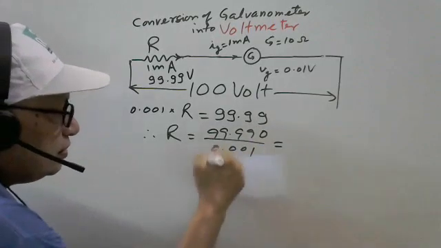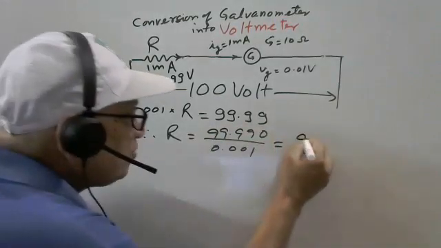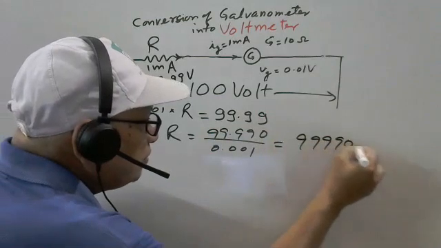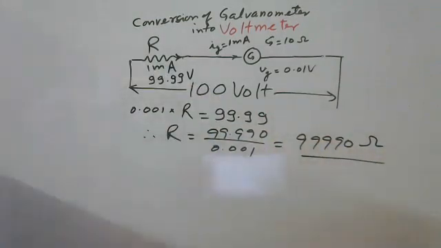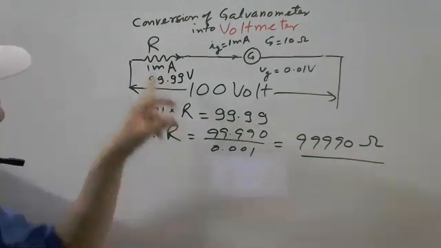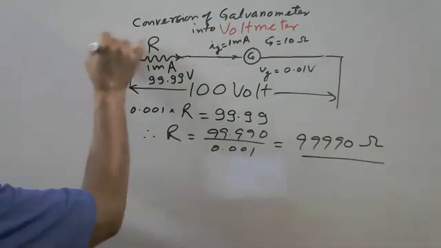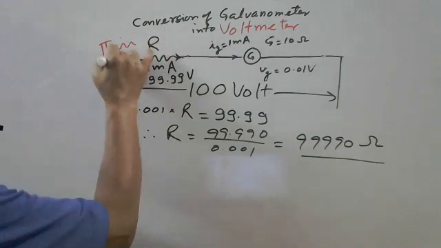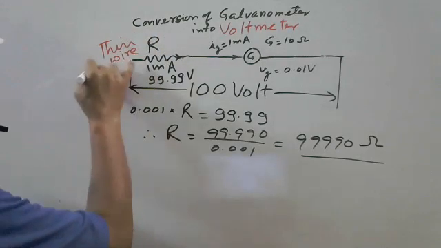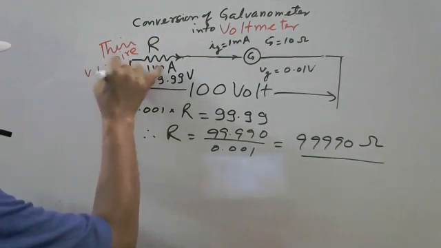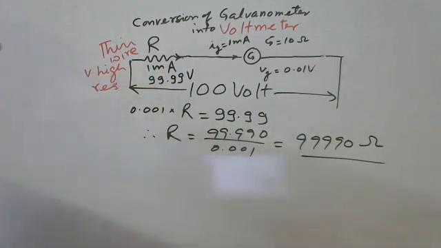So here if we cancel out the decimal, we can get the value of the series high resistance, which is very, very high. It might be a very thin wire, so that the resistance is high. Thin wire, very high resistance in series.